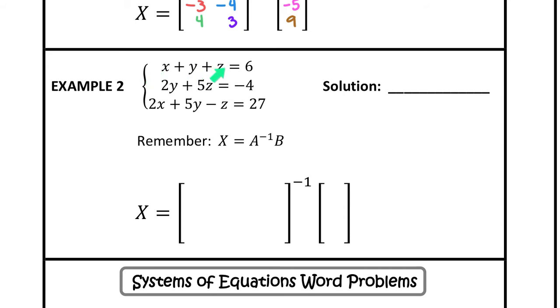So I have 3 columns and 3 equations. If I'm writing out the A matrix, I'm going to write out the numbers in front. Now, if there are no numbers in front of the x's or the y's or the z's, then we assume that there's a 1 in front, right? So I have 1, 1, 1. So for my A matrix, I'm going to write 1, 1, 1.